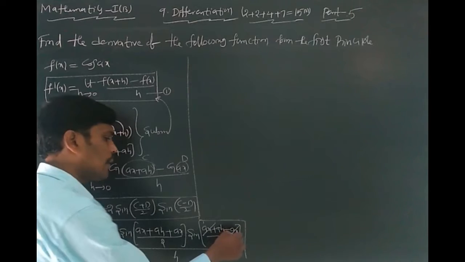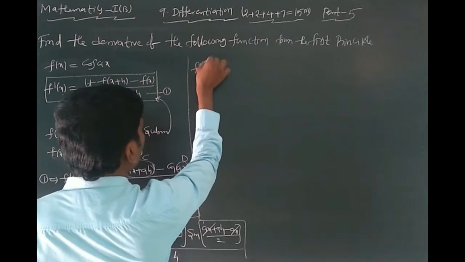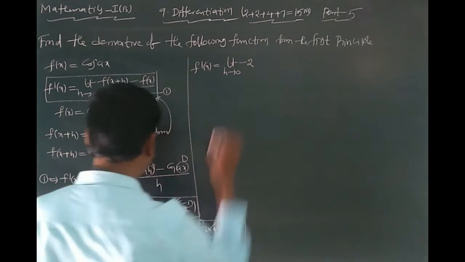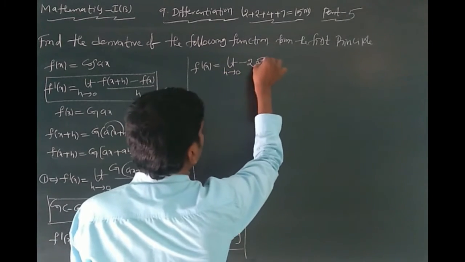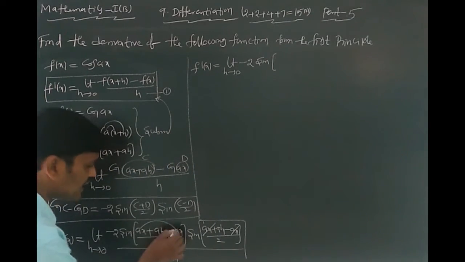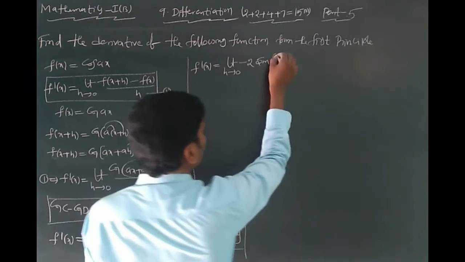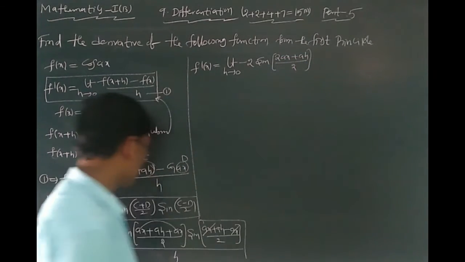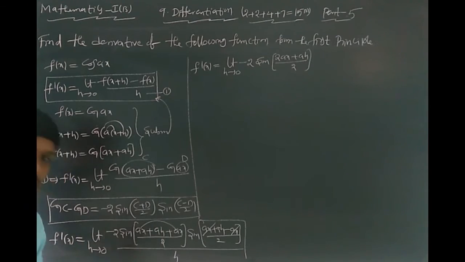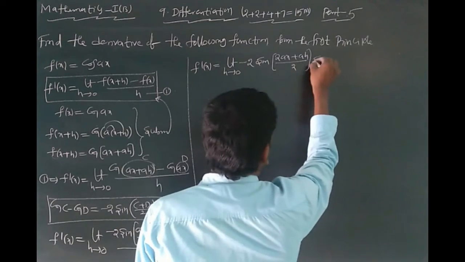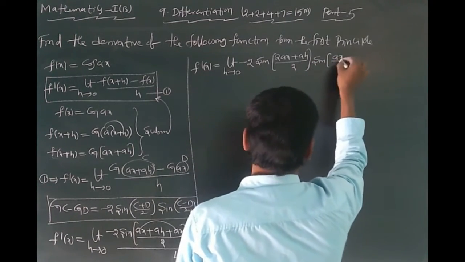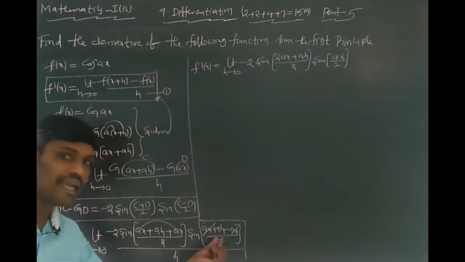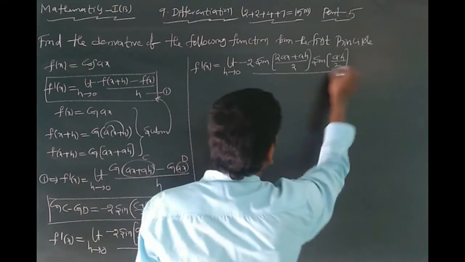Here ax minus ax gets cancelled. Then f dash x is equal to limit h tends to 0 of minus 2 into sine of (2ax plus ah) by 2 into sine of ah by 2, whole by h.